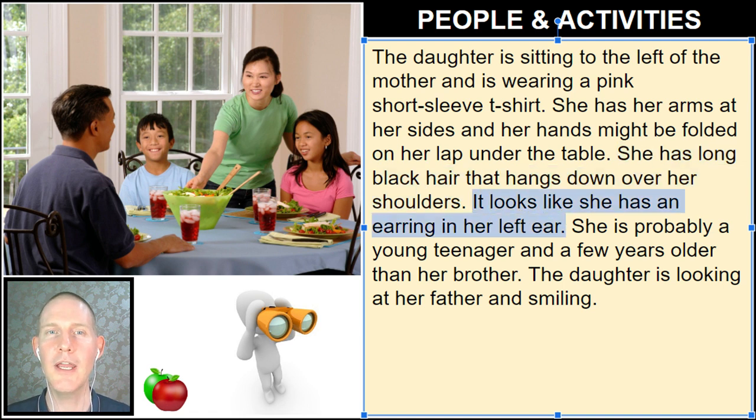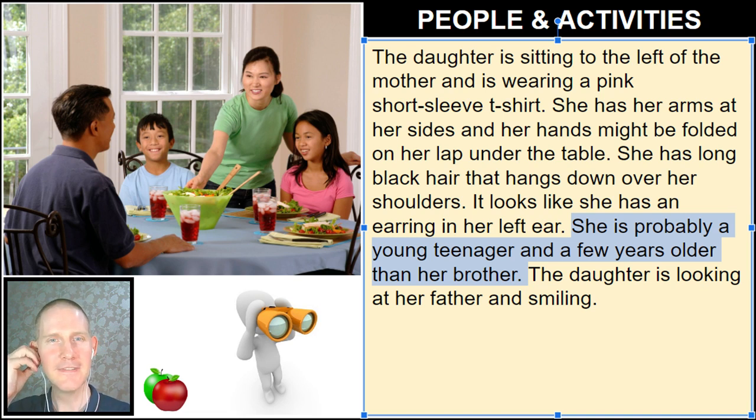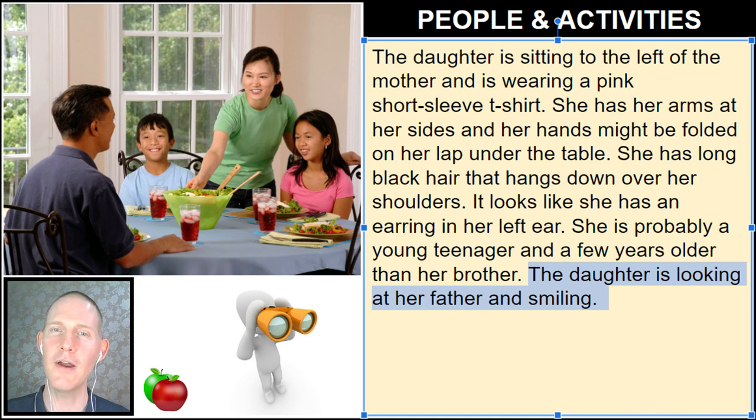It looks like she has an earring in her left ear. She is probably a young teenager and a few years older than her brother. The daughter is looking at her father and smiling.